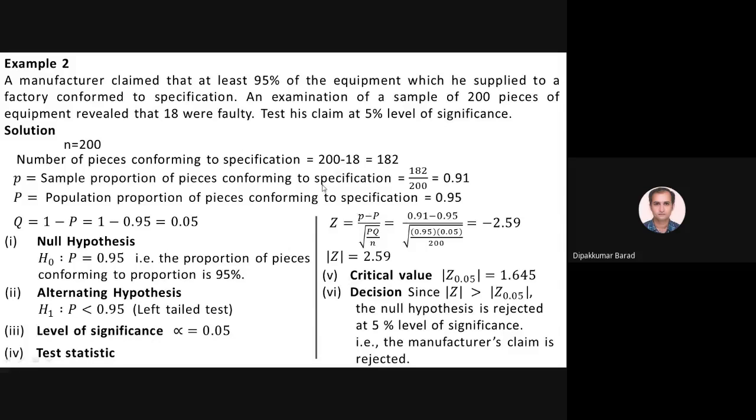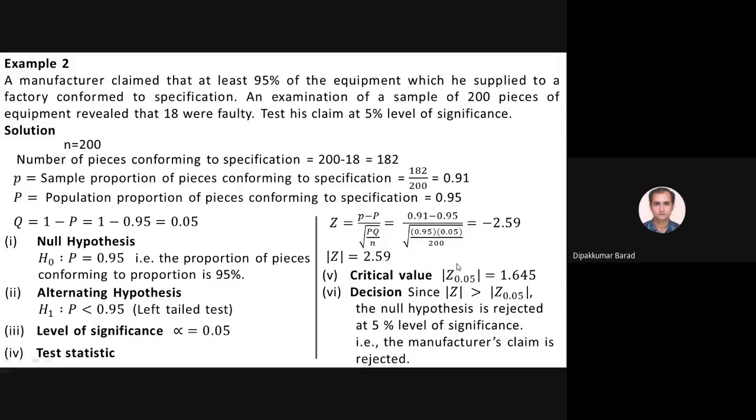We have calculated small p, capital P is given, from capital P we get capital Q, and N is given. So we put in all these values, and we get Z equal to minus 2.59. First we find mod Z, and we find the absolute value of Z at 0.05, and this value we have already shown in the table.